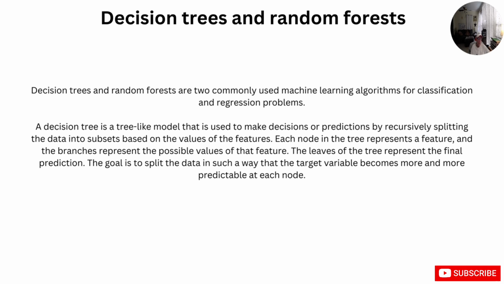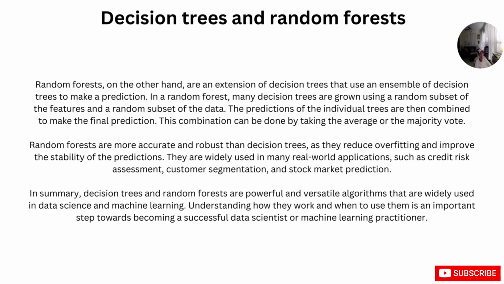The goal is to split the data in such a way that the target variable becomes more and more predictable at each node. Random forests, on the other hand, are an extension of decision trees that use an ensemble of decision trees to make a prediction. In a random forest, many decision trees are grown using a random subset of the features and a random subset of the data.